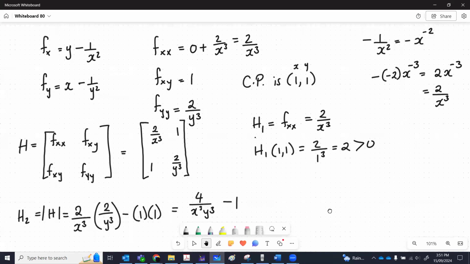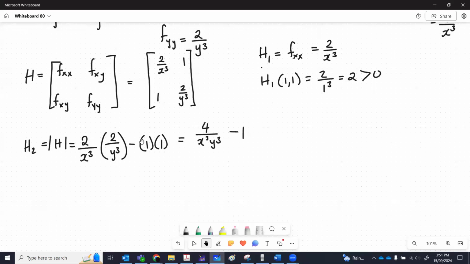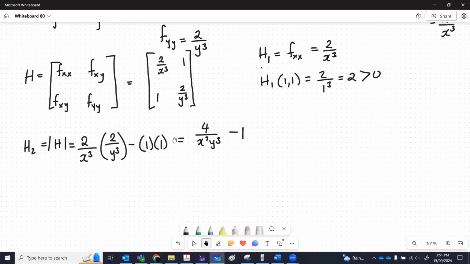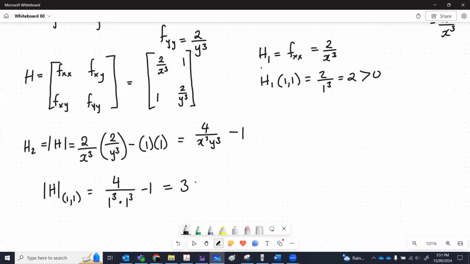Then, of course, we evaluate the Hessian matrix at our critical point. So we want H2 at the point 1, 1. This is 4 over 1 cubed multiplied by 1 cubed, minus 1. And this gives us 4 minus 1, which is 3, and this is also positive.